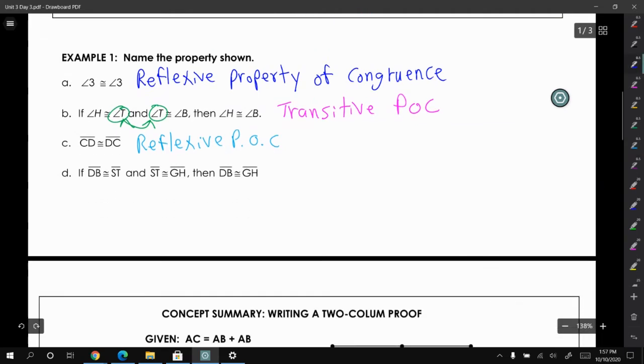And then the last one, we have segment DB is congruent to segment ST, and we have segment ST congruent to segment GH. So here's our middleman here, segment ST. So this is the transitive property of congruence again.